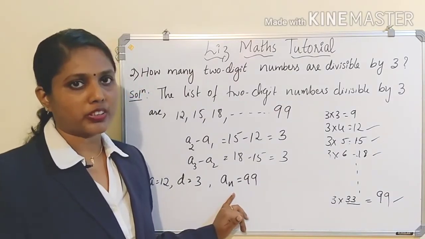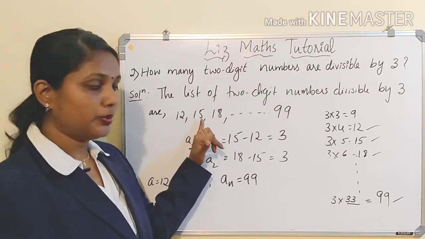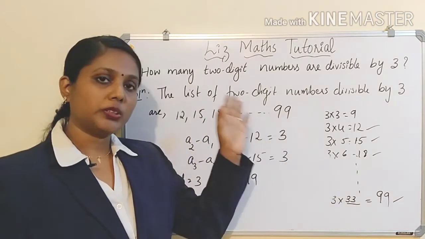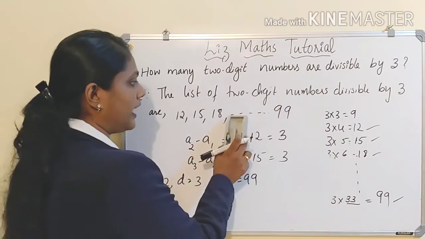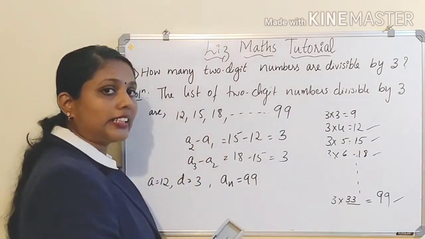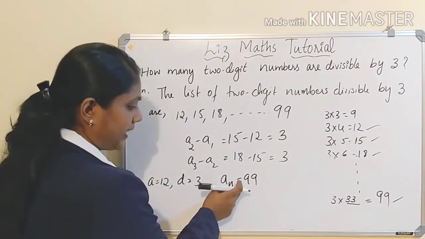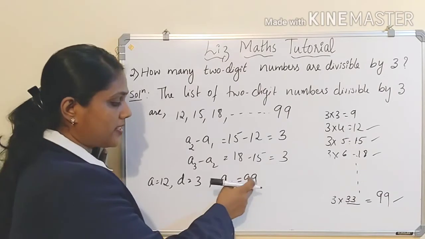The place value of this is 1, this is A2, this is A3, but we don't know the place value of 99 because there are numbers in between. So we write it here: An is equal to 99.